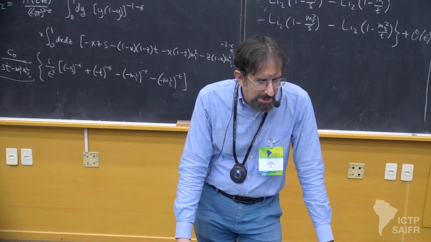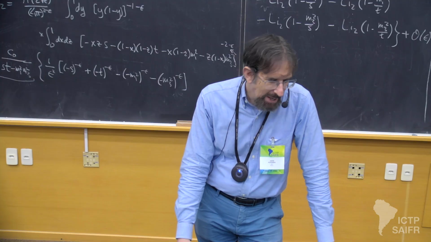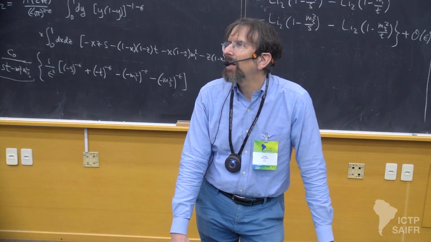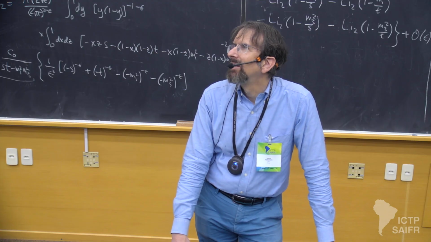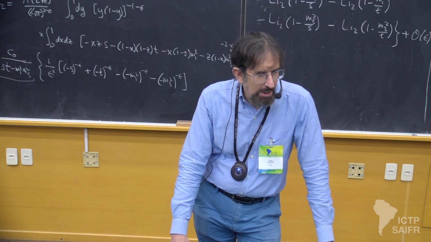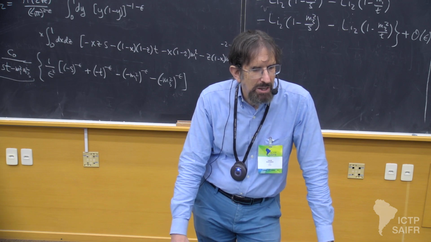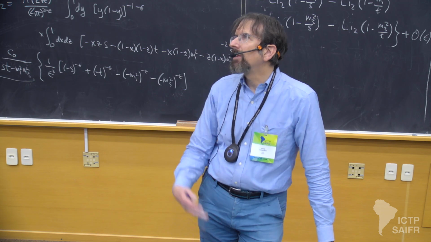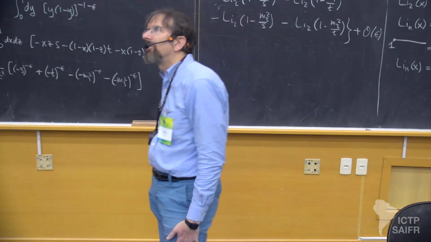So to some extent, the set of masters these days usually people take to be whatever comes out of solving the IBPs. The more complicated question is, can you show that all of these have a different analytic structure in the same way that the triangle and the box have different analytic structures?